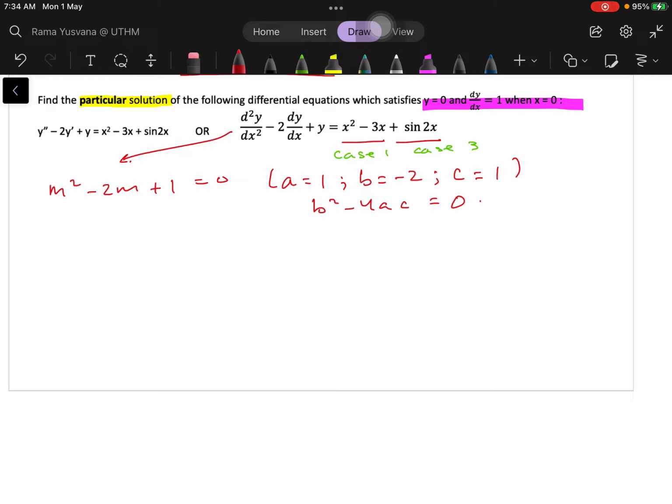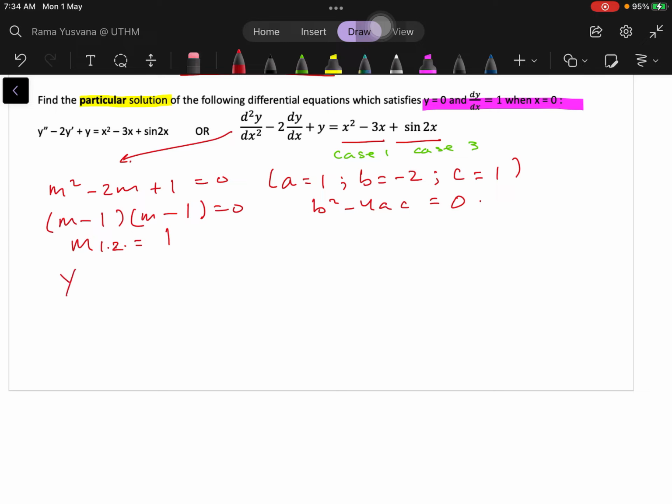So we are expecting equal and real roots from this, which is m, and this one is 1, and because this is negative 2, we get negative 1 and negative 1. So our roots m1 and m2 equal 1.